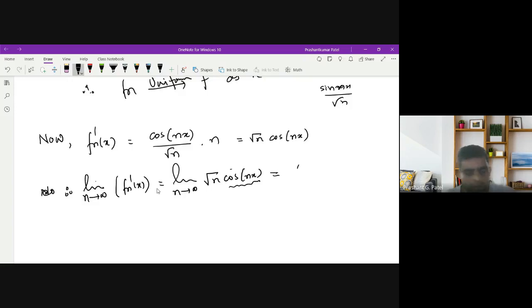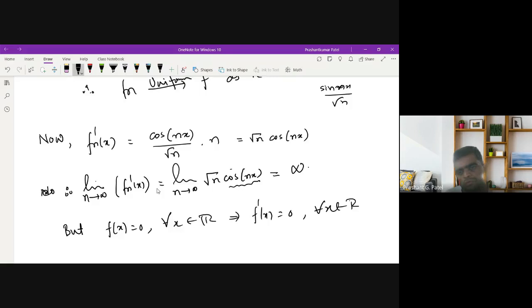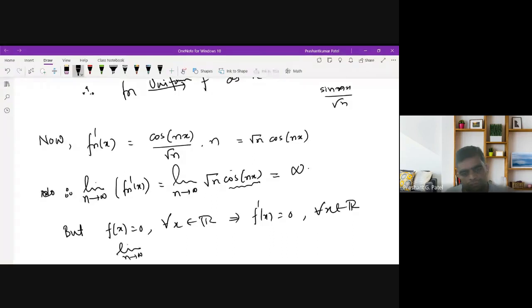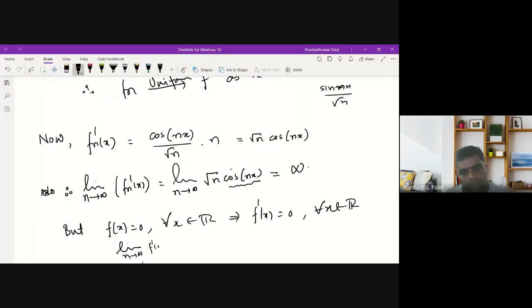So this will have the answer infinity. On the other side, what is f dash of x? f of x is 0 for all x belongs to R. So this implies f dash of x is also 0 for all x belongs to R. So the limit of n tends to infinity, f dash of x will be 0.